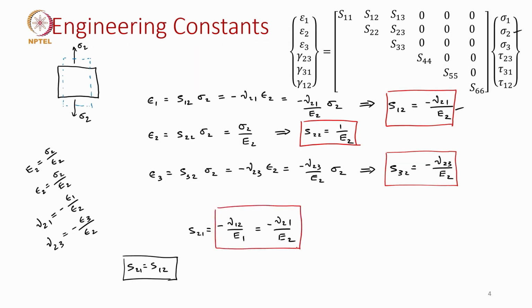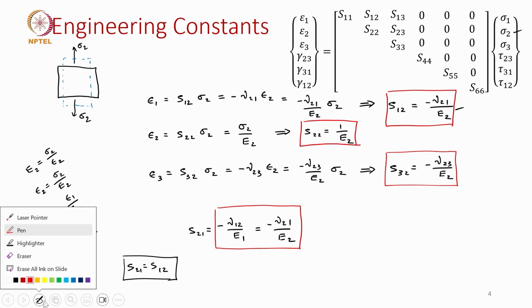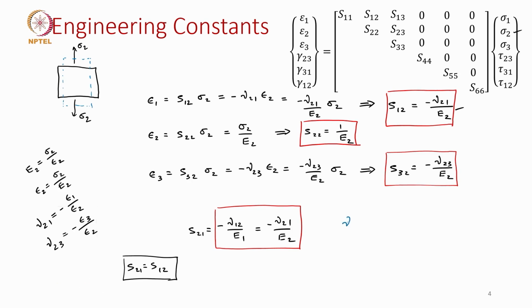So, here what we see is we have two Poisson ratios nu 12 and nu 21, and then we also have two elastic constants E1 and E2. So, what it means is, let us say if we are writing for nu 12, it can be written as nu 21 times E1 by E2.